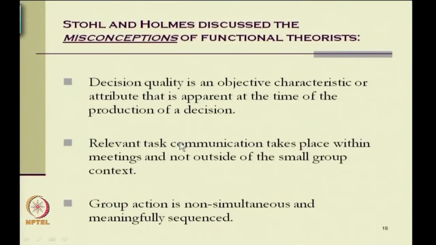These two gentlemen were further of the opinion that relevant task communication takes place within meetings and not outside of the small group context. And finally, they were of the view that group action is non-simultaneous and meaningfully sequenced.